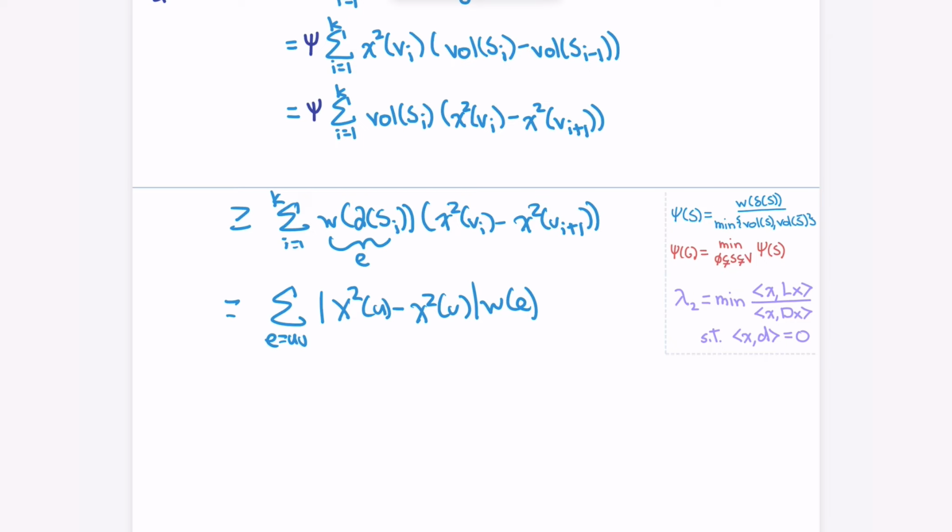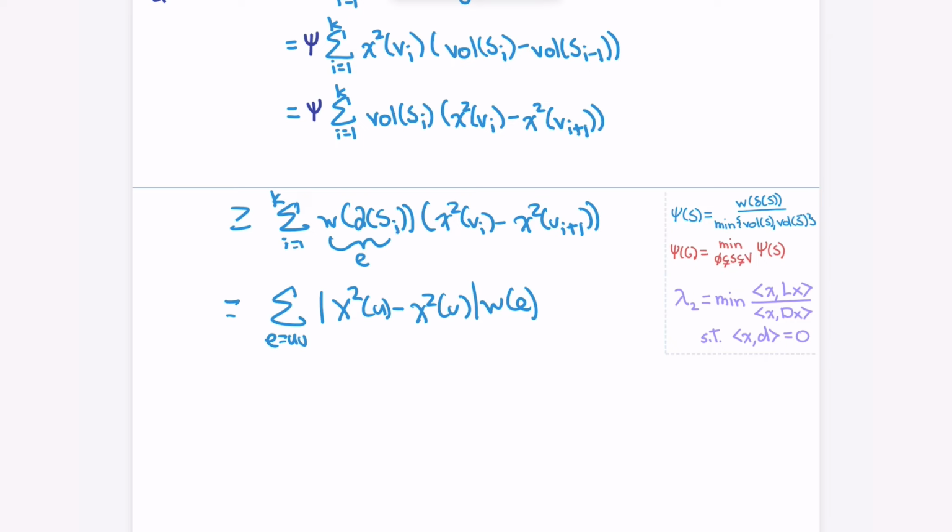If the edge appeared in this cut in this term, remember the x's are in decreasing order, so this is the same as the absolute difference of the endpoints, because this is always bigger than that one, the way we've listed things.